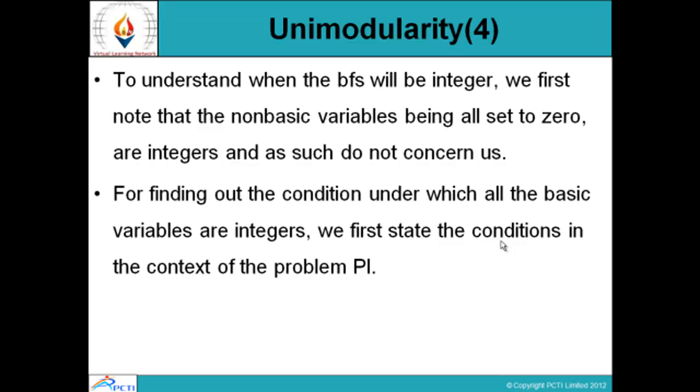Unimodularity. To understand when the BFS will be integer, we first note that the non-basic variables, being all set to 0, are integers and as such do not concern us. For finding out the conditions under which all the basic variables are integers, we first state the conditions in the context of the problem P1.